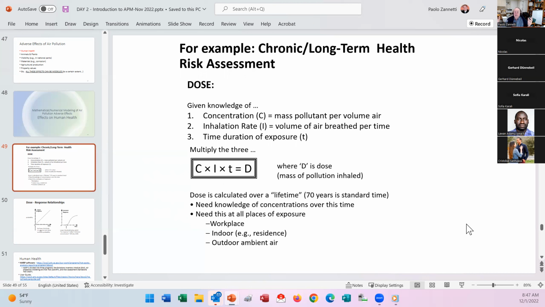And over 70 years, you can imagine a person is driving, working, sleeping, going to the movies, walking in the street, exercising, running, whatever. So each scenario on each day of these 70 years has a different concentration exposure. So how do we calculate the dose?